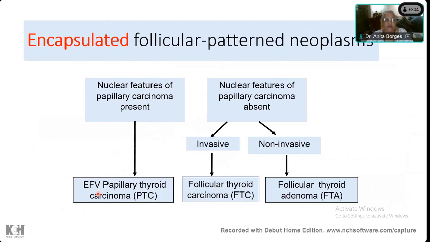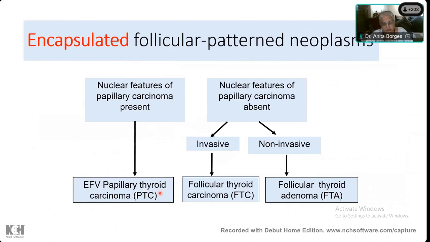We called it, because it was believed that anything that had the nuclear features of papillary thyroid carcinoma was a papillary thyroid carcinoma, an encapsulated follicular variant of papillary thyroid carcinoma. And this was so all the way up to 2016. Okay, so don't think it was only in 2004.